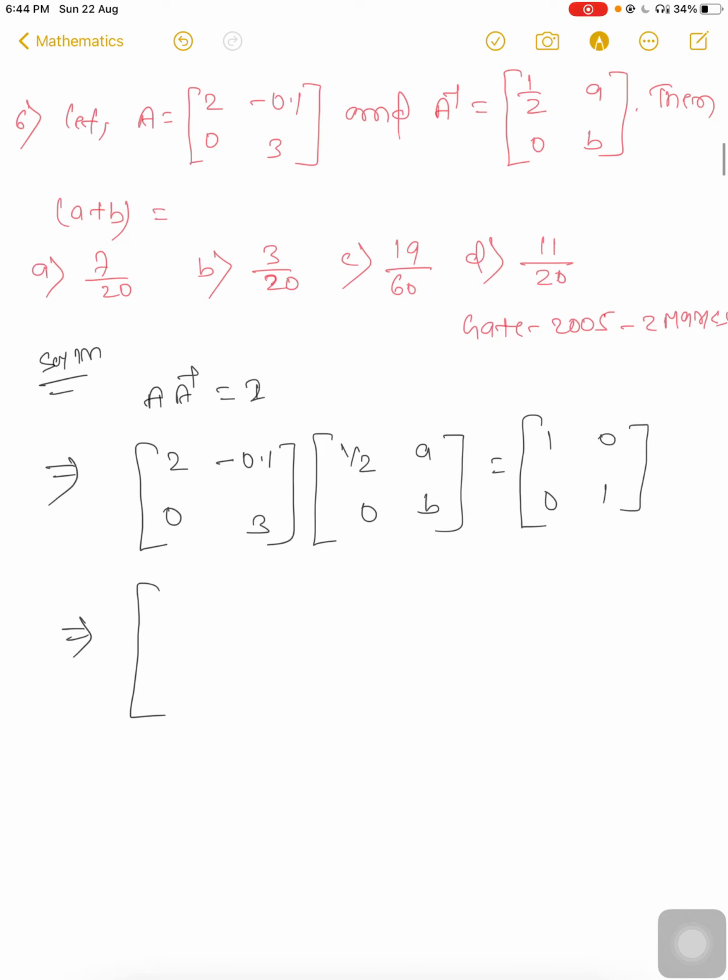Then multiply it, and here again 2A minus 0.